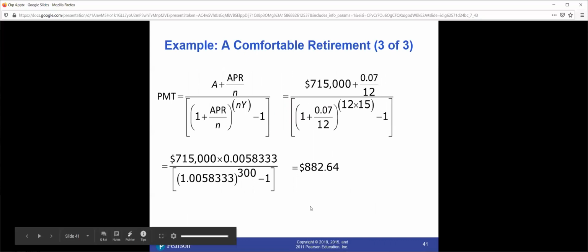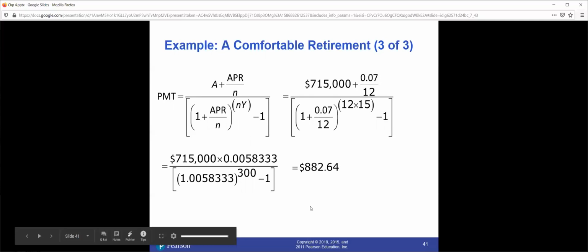Year is 25, N is 12, APR is 0.07, what have you. And what we find out is you need to deposit $882.64 every month in order to, by the time you retire, have $50,000 a year of spending money.